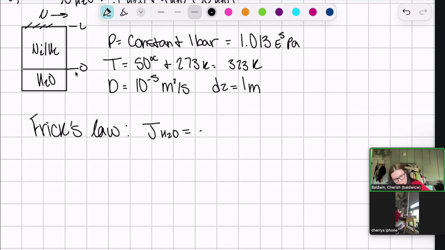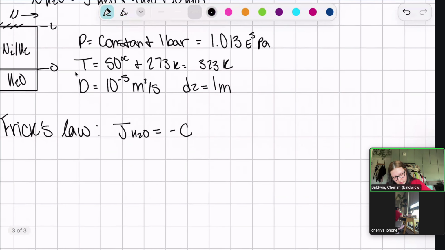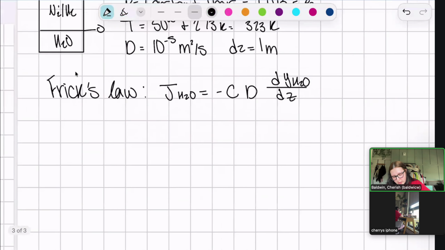J H2O is equal to negative concentration times diffusion coefficient times dY H2O dz, the concentration gradient.